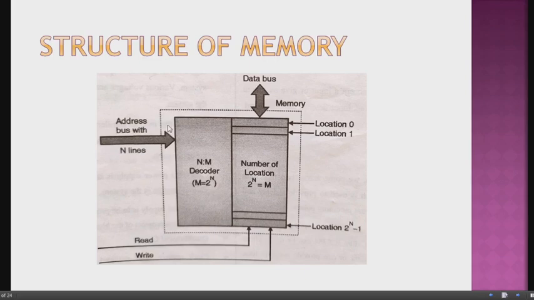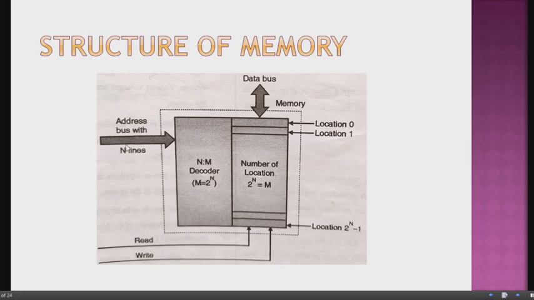Here, this is the structure of memory. As we have seen in our previous session, memory is represented in terms of different locations, and the number of locations present in that memory is decided by the number of lines of the address bus. Means the size of the address bus decides the number of locations, or the size of the memory.